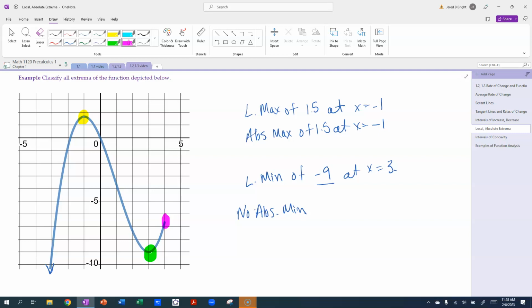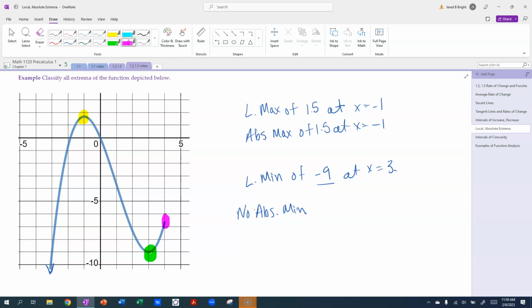We as mathematicians have a hard time universally agreeing on whether you can have local maxima and minima at endpoints. The reason is that when we talk about locals, they have to be in a region around the point, and in this case there's nothing on the right side of this endpoint.